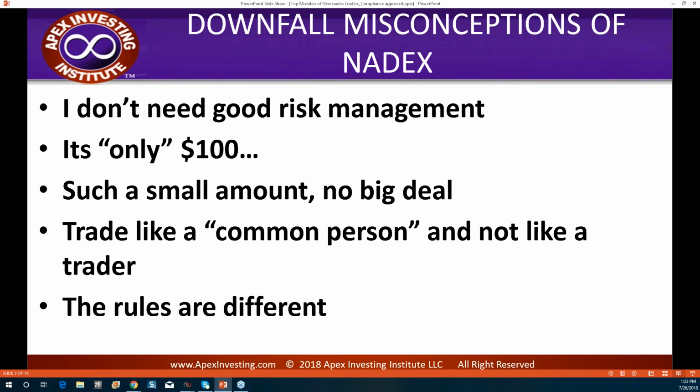I don't need good risk management because I have this Nadex thing. Wrong. Wrong, wrong, wrong. You are misusing and abusing the power of Nadex. That limited capped risk is there as a positive for you, as a strength for you. And you're taking that strength and turning it into a weakness. Okay? You still have to have good risk management.